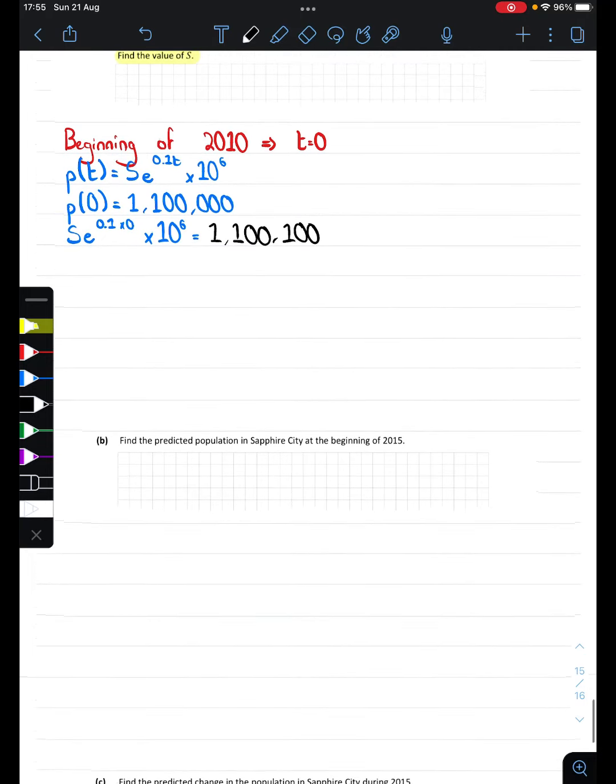If we divide by 10 to the power of 6, we get s times e to the 0, which is just 1. So s equals 1,100,000 over 10 to the power of 6. And if we put this into our calculator, we just get s equals 1.1.